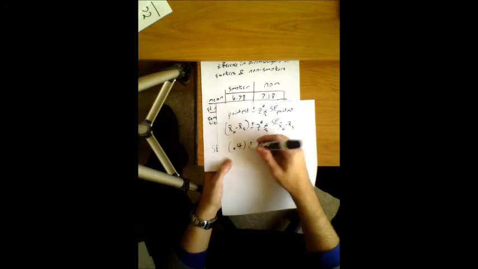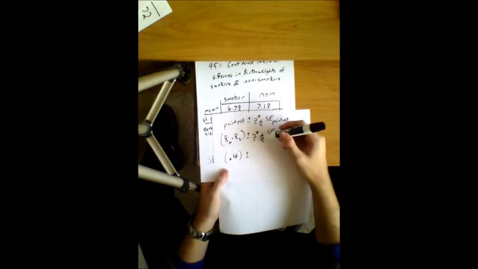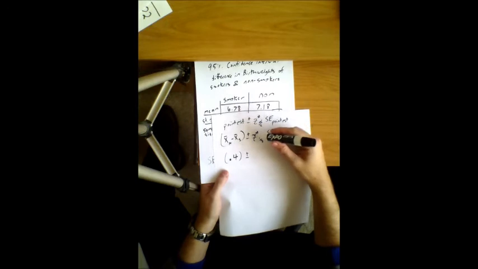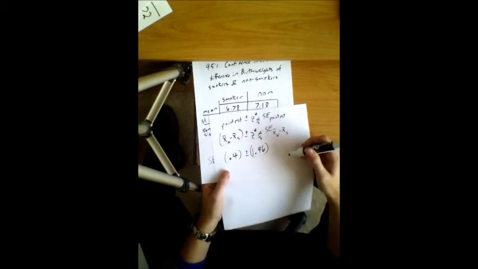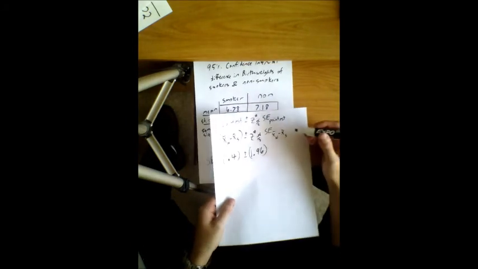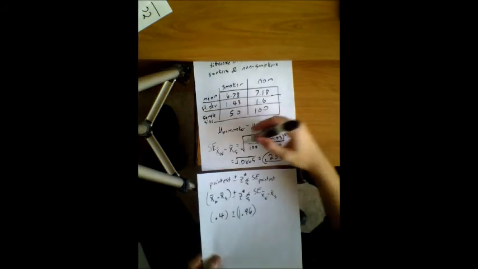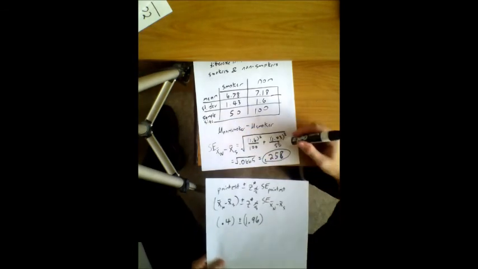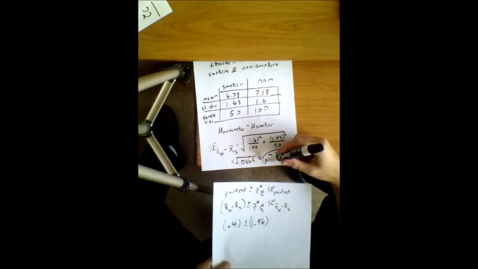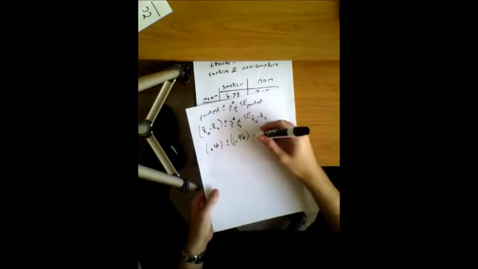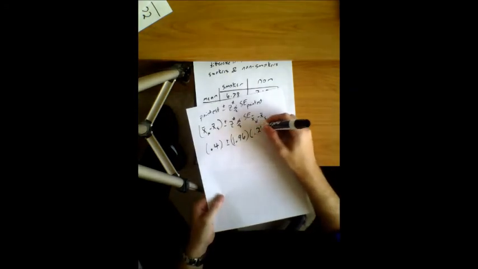So we get 0.4 plus or minus, we're doing a 95% confidence, and the z star of alpha over 2 when we're doing 95% confidence is 1.96. The standard error of this thing we just found on the previous page. So normally you would go ahead and put this big ugly mess in there, and what we got was 0.258. So I'm going to multiply this by 0.258.